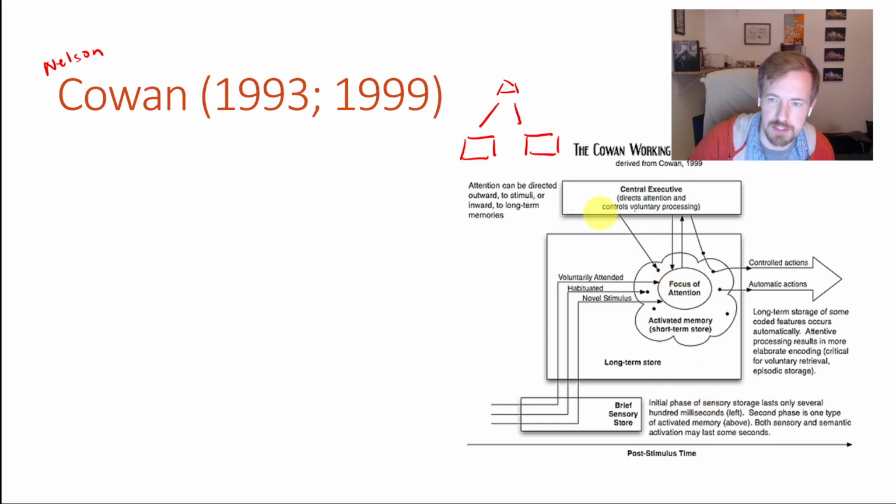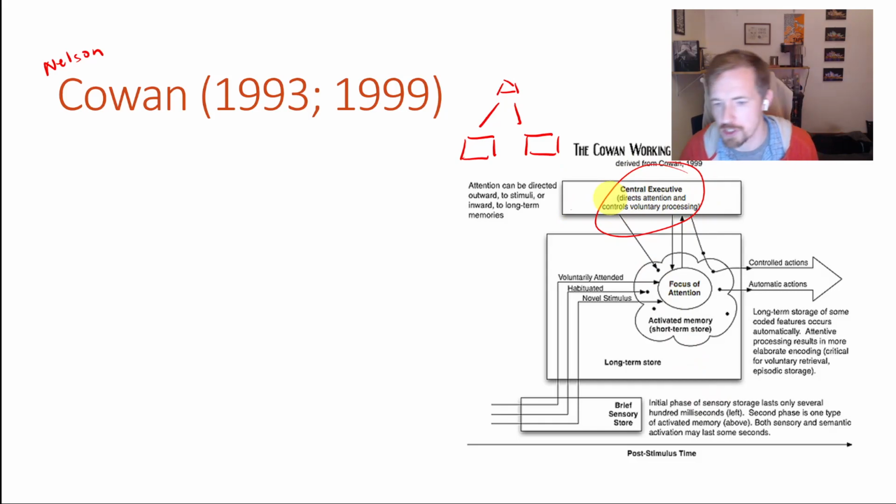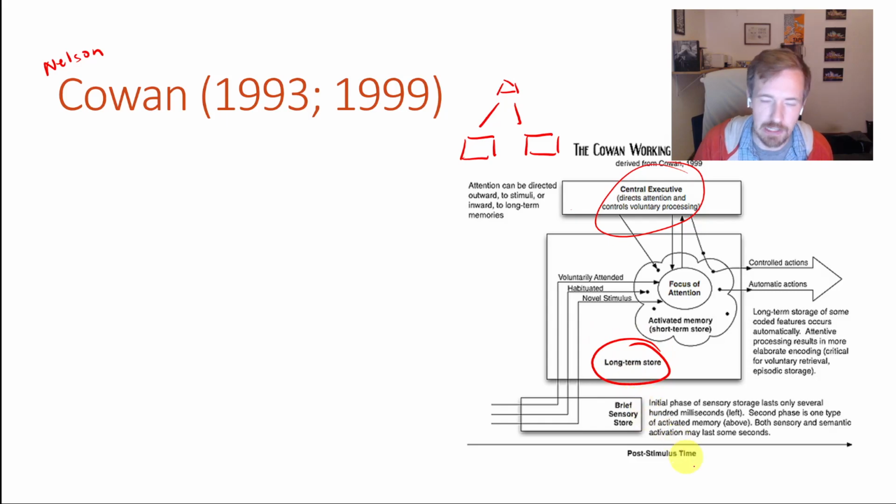Instead, what he argues is that we do have a central executive. We do have something that helps us draw attention to things in our short-term memory. But that short-term memory was best thought of as currently activated long-term memories. So if we focus our attention on some part of our long-term memory, it will be activated. And that activation is our short-term memory.